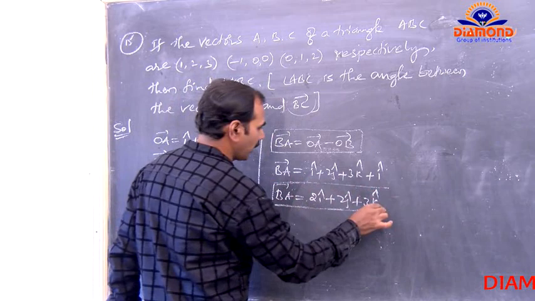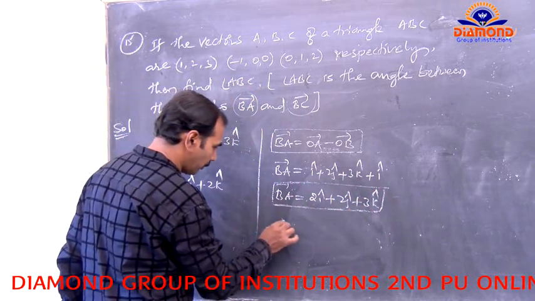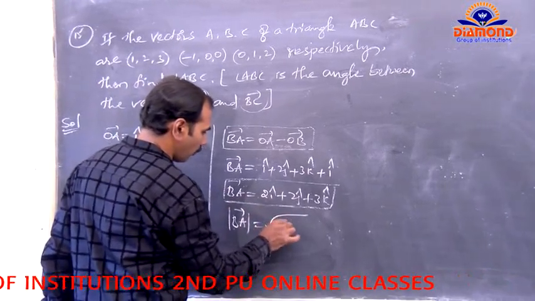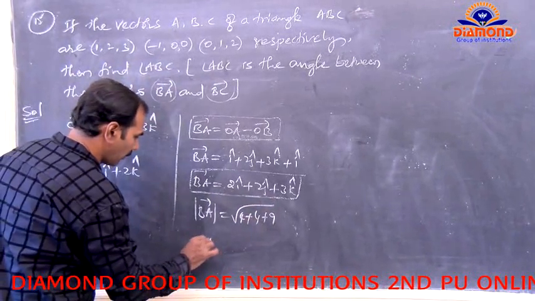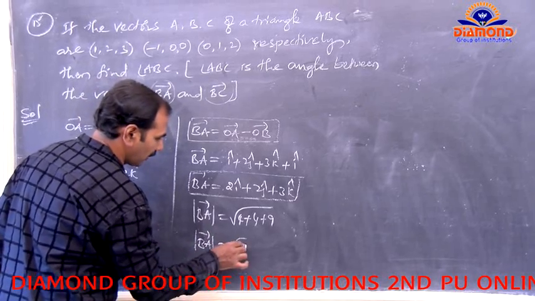This is BA bar. So its magnitude is the square root of 4 plus 4 plus 9, which equals the square root of 17.